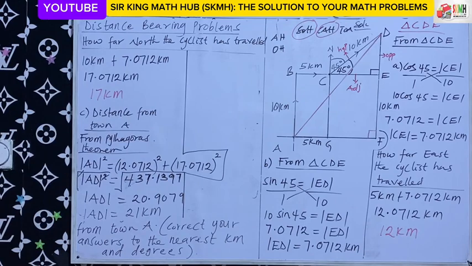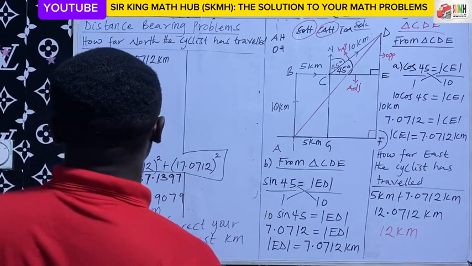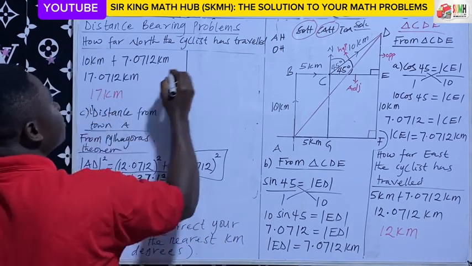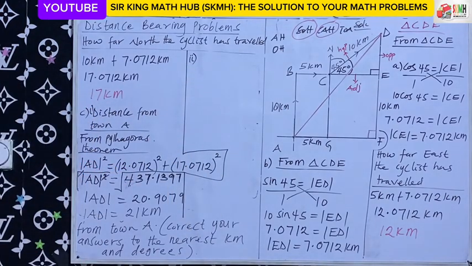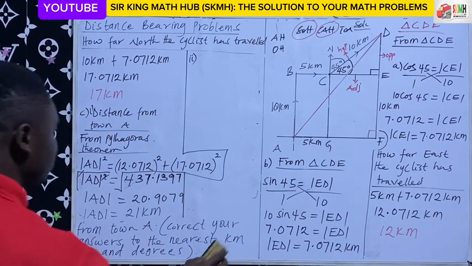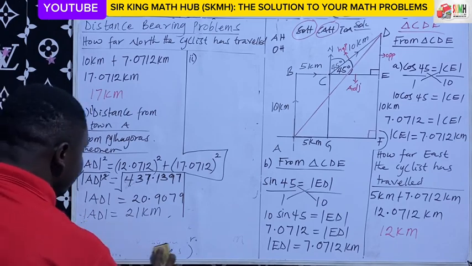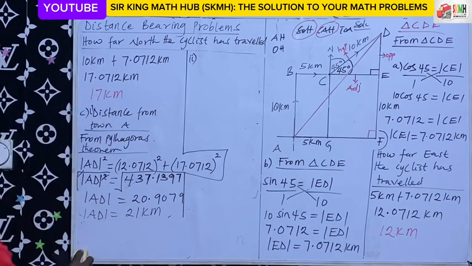Now, our final one, I'm naming this as CII, we have to calculate. CII says that we have to find the bearing of the cyclist destination from town A. We have to find the bearing of the cyclist destination from where?